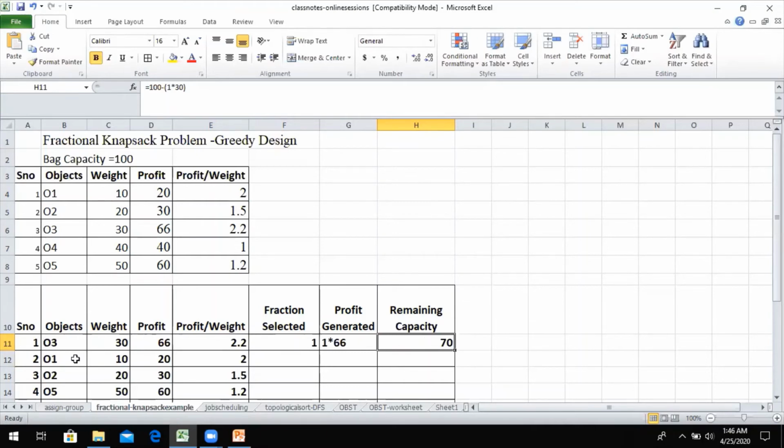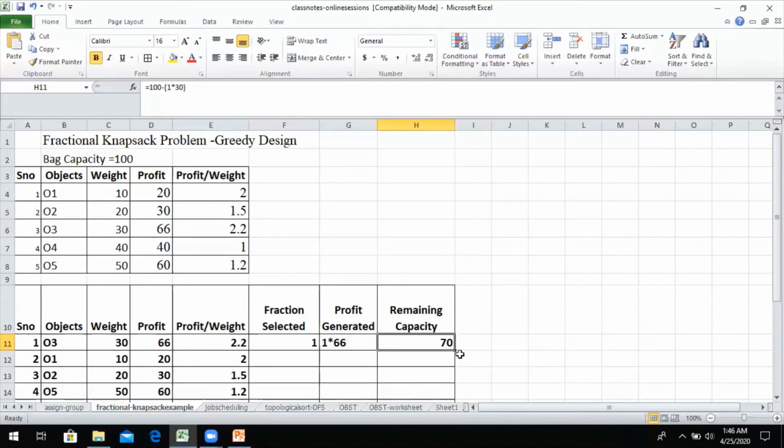We move on and pick the next object with the next highest P by W ratio, and that is object O1. Let's see if we can select 1 unit. If I select 1 unit, the weight generated would be 1 into 10, which is 10. Can I fit 10 into 70? Yes.